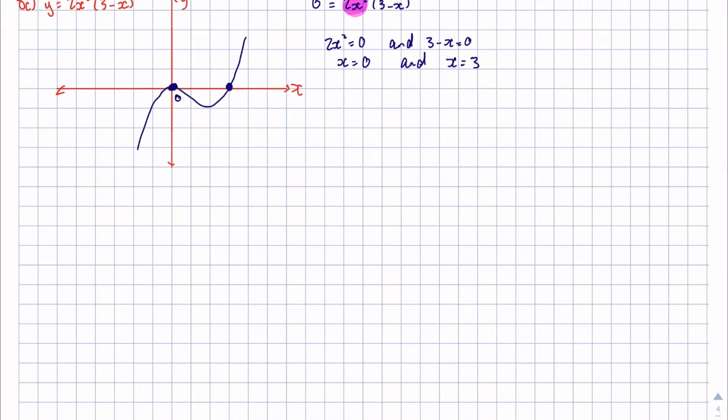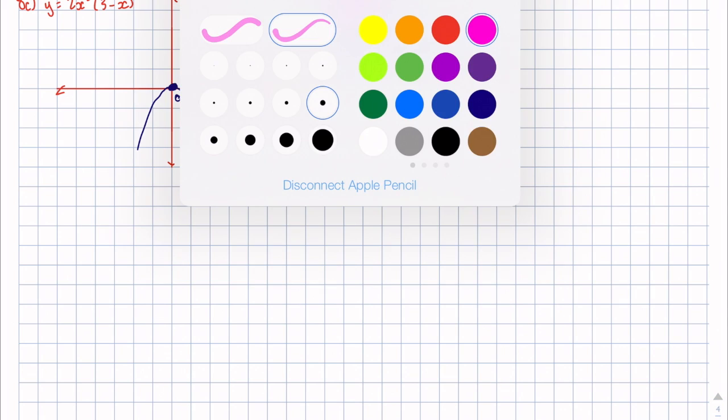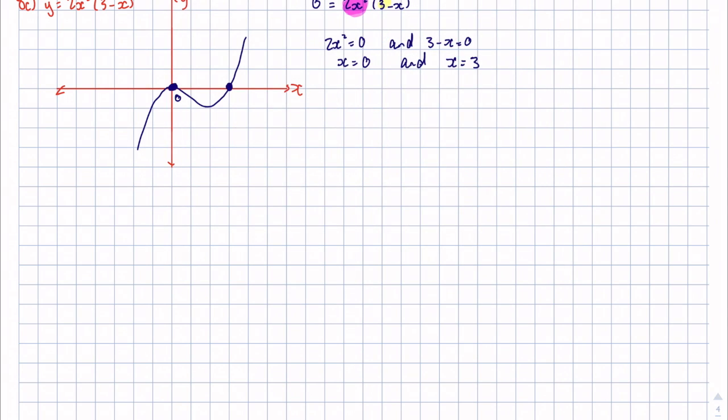I've got the feeling it's going to be this first one, because this 3 take x is the same as negative x take 3, which means our y equals 2x squared 3 take x is the same as y equals negative 2x squared x take 3. But let's use a table of values to double check.